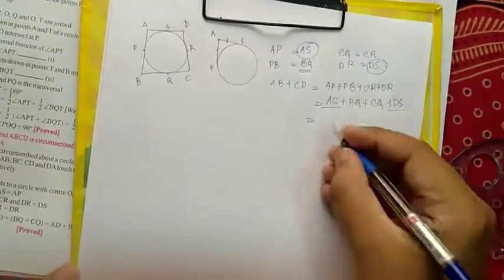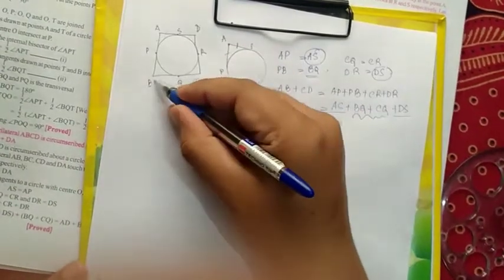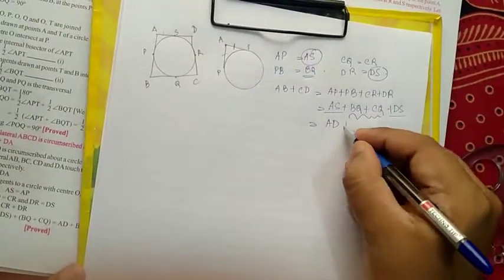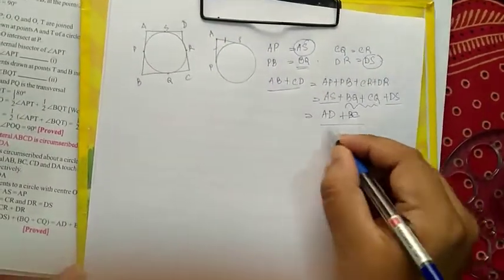AS plus DS is AD, and BQ plus CQ is BC. So therefore we prove that AB plus CD equals AD plus BC.